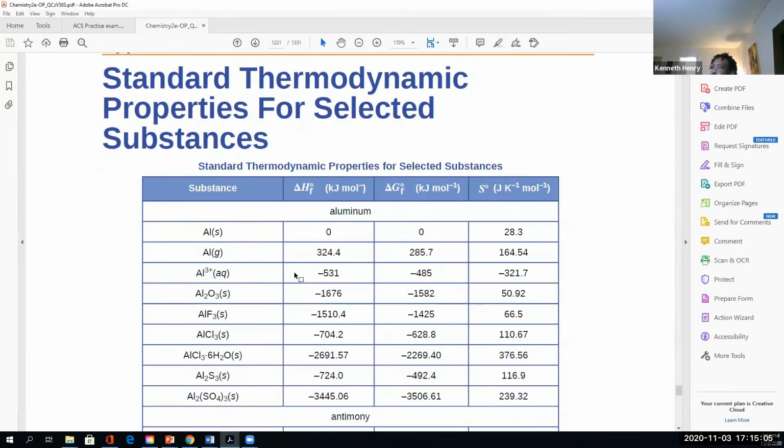The way it works is that you're forming these particular compounds. For instance, if you're going from aluminum solid to aluminum gas, it takes an enthalpy of 324.4 kilojoules per mole.